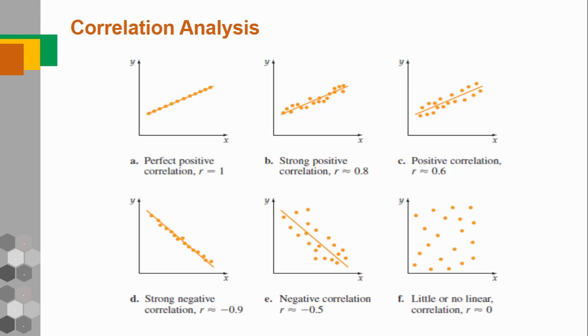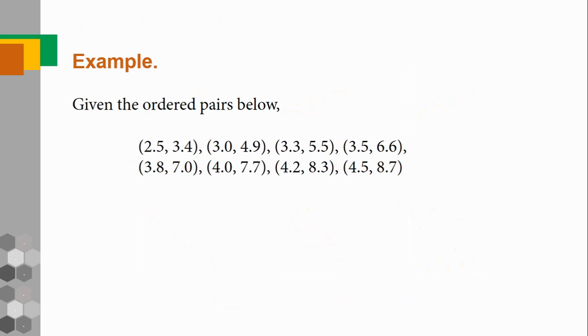Let us have this example. Given the ordered pairs below: 2.5, 3.4; 3, 4.9; 3.3, 5.5; 3.5, 6.6; 3.8, 7; 4, 7.7; 4.2, 8.3; and 4.5, 8.7.